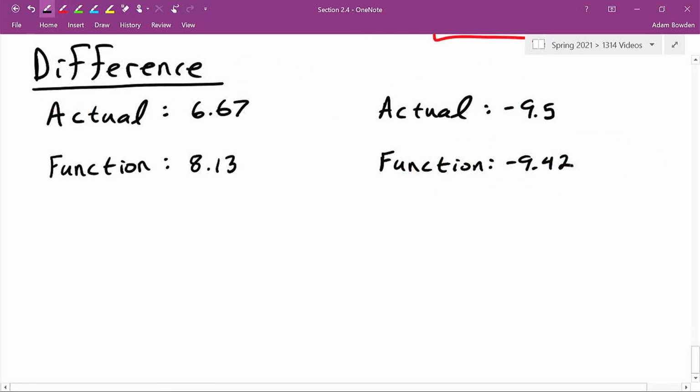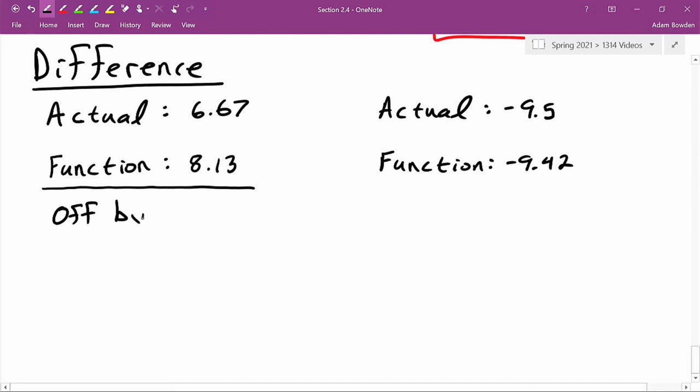So to compare the difference between the actual values from the data points and the values received from our function in the average rate of change formula, the actual was 6.67 when we did the March to June, and the function came out with 8.13.